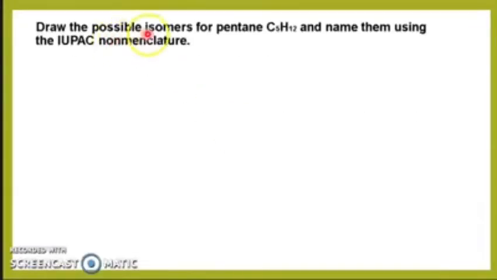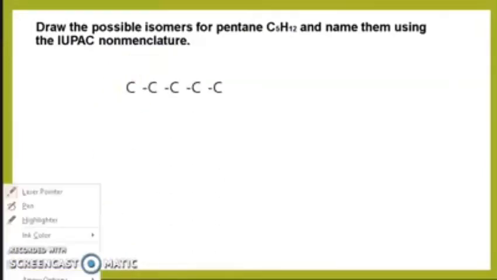Now if we had to draw the possible isomers, or possible ways, for C5H12, and then name them, the first way is by drawing it in a linear way, which is to connect 5 carbon atoms in a linear way. Then when we finish, we fill it up with hydrogens.